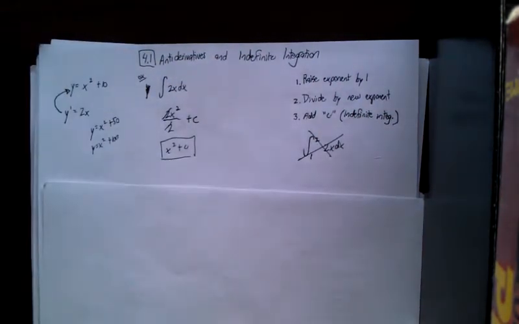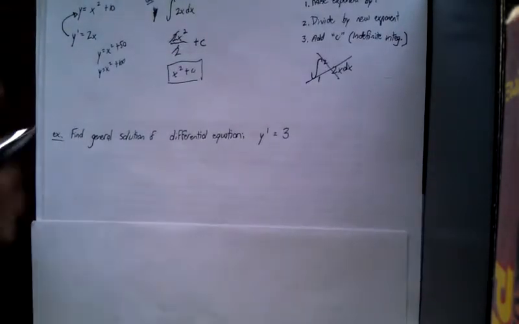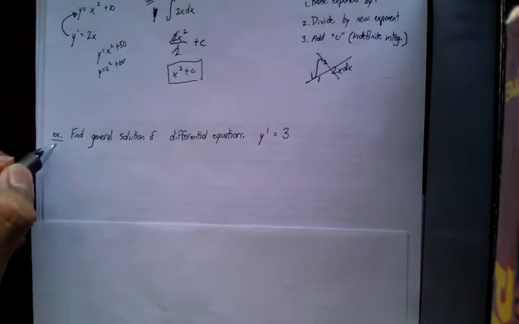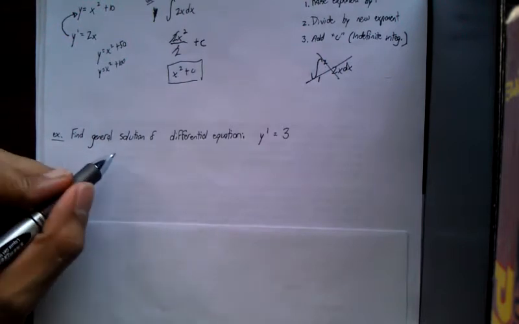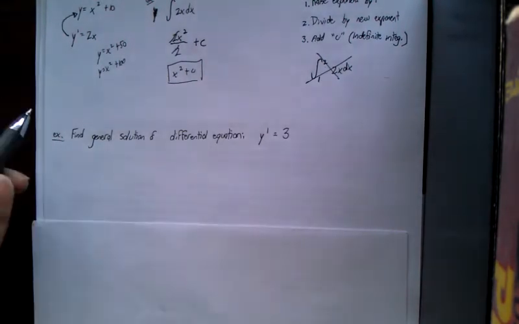So I'm just going to be running through examples in this video of some basic find the antiderivative problems. So, example, find the general solution of the differential equation y prime equals 3.